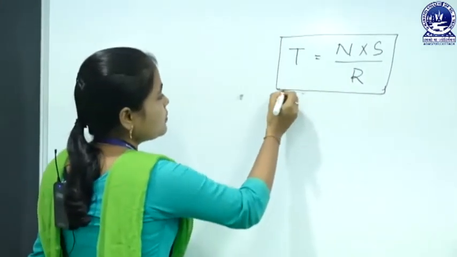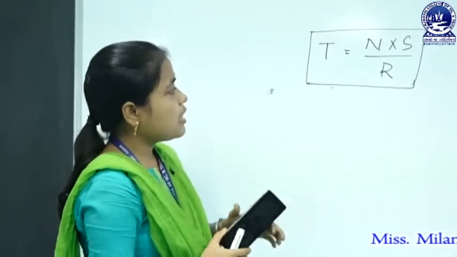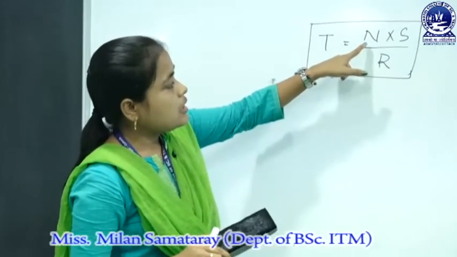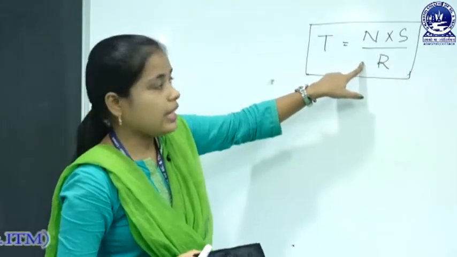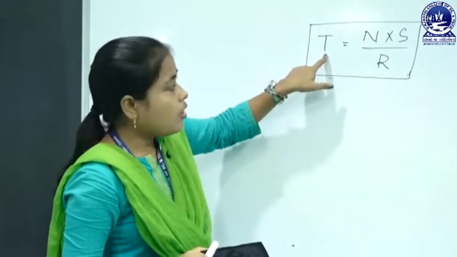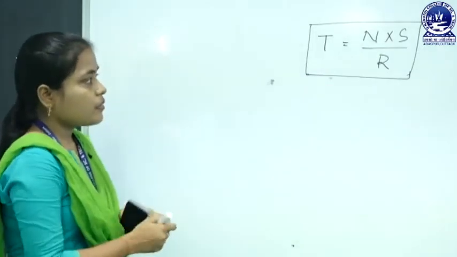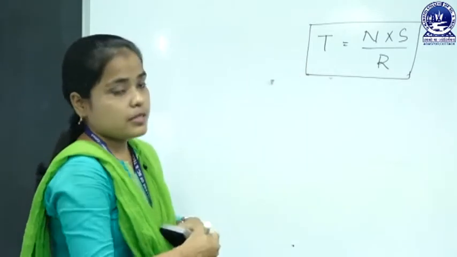In many exams you will face a problem where the question gives the values for N, S and R to calculate T, or T and S to calculate N, like this. Let us see what these terms mean.